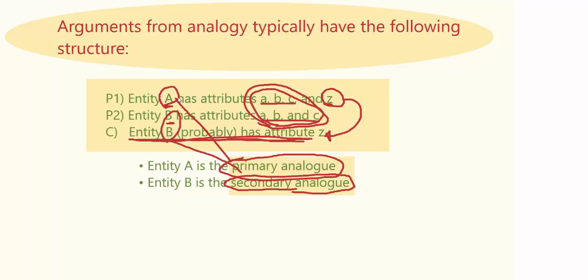So if you have A, B, and C, where capital A, B, and C all have these attributes, lowercase a, b, c, and Z, and from all of those entities we end up concluding that entity D probably has attribute Z, then A, B, and C in this case would be primary analogs. They're the basis from which we're making the inference.